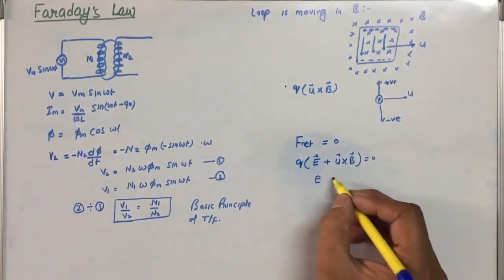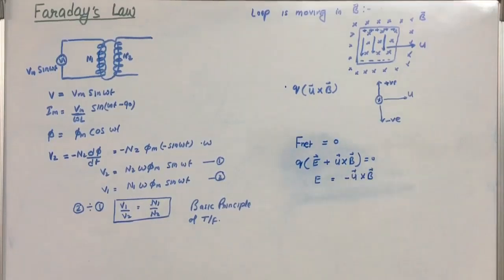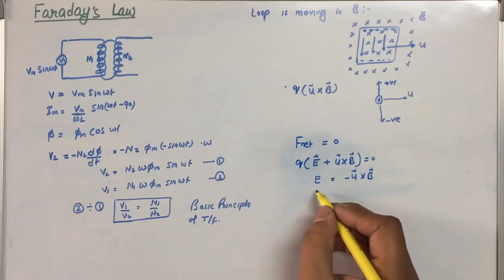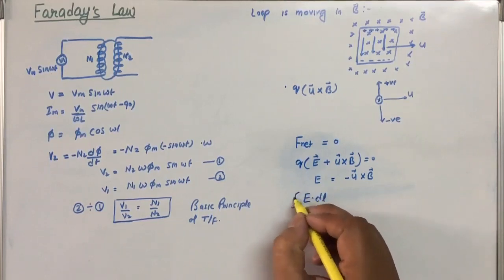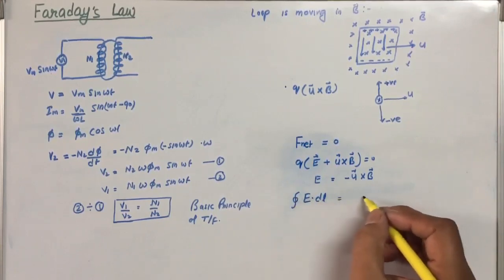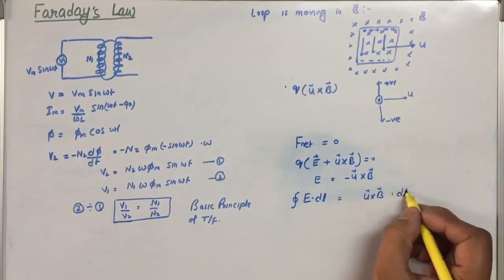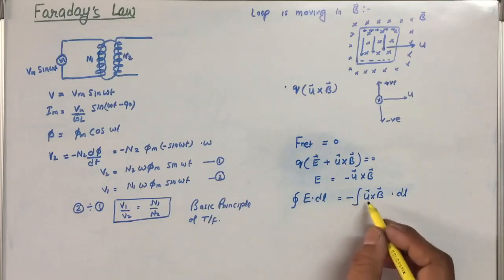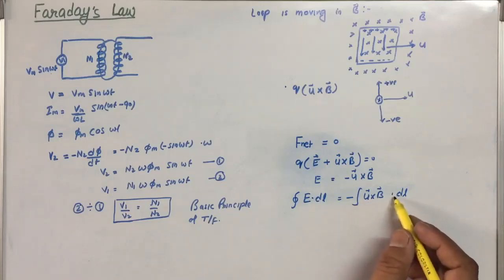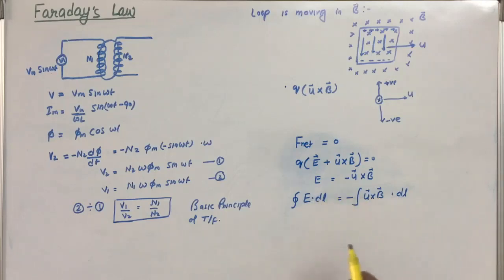From here we can write E is equal to minus U cross B. If we take the line integral of this, then we can write E dot dl, the line integral, equal to minus U cross B dot dl. We are just adding the dot dl on both sides.